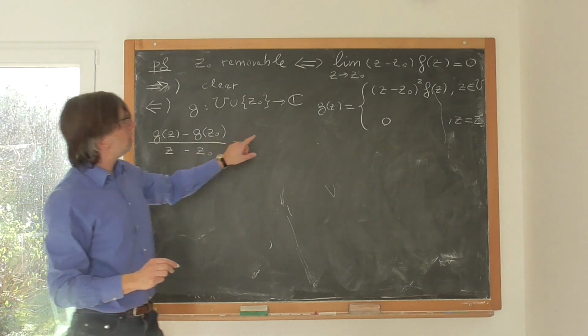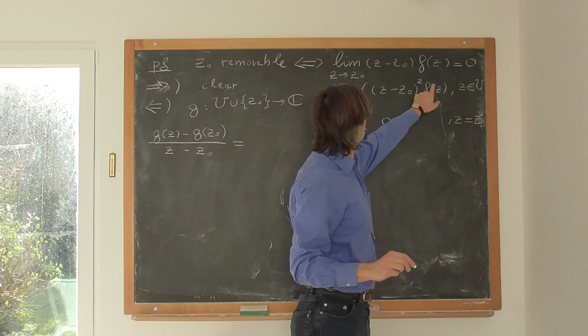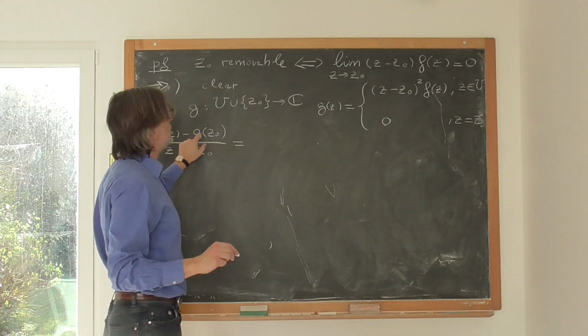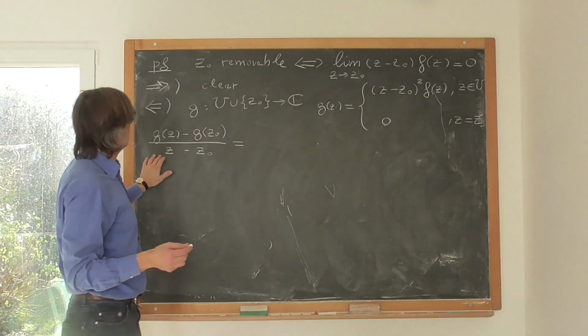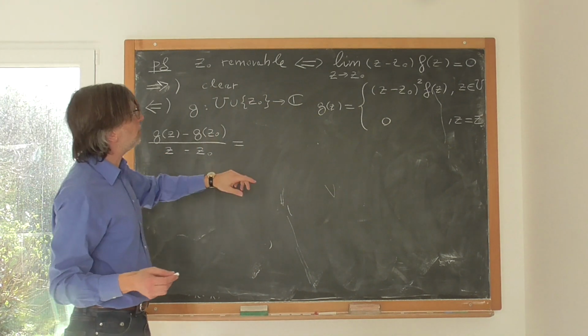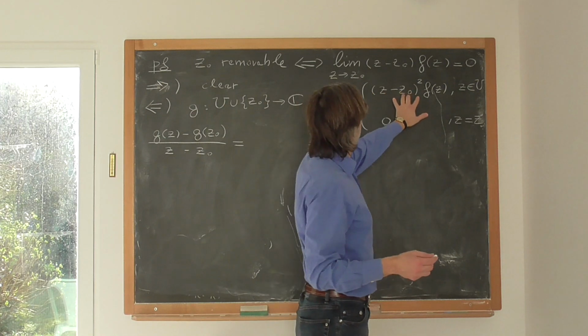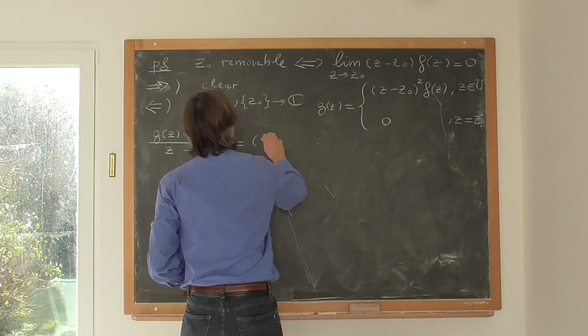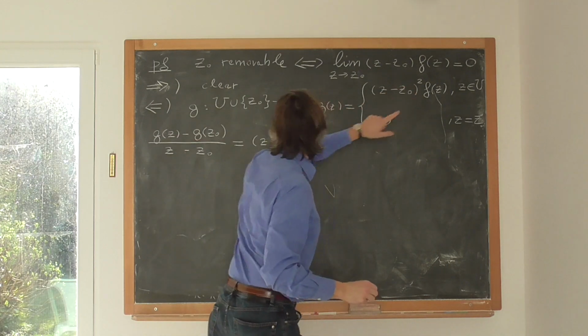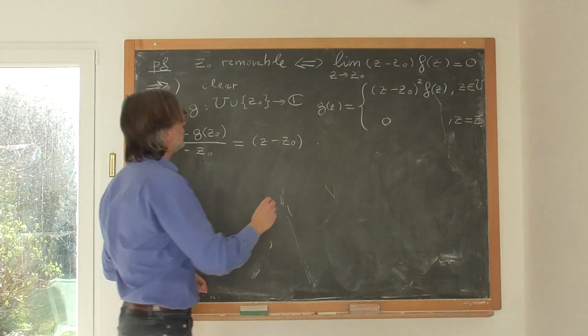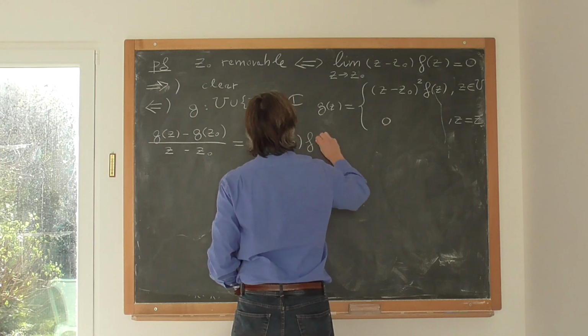g of z has now this expression, minus g of z naught, so minus 0, and then we divide by z minus z naught. What we obtain is exactly this quantity, z minus z naught, but to the power 1, we had a power 2, but we are dividing by z minus z naught, times f of z.